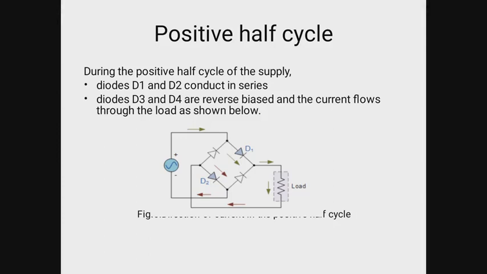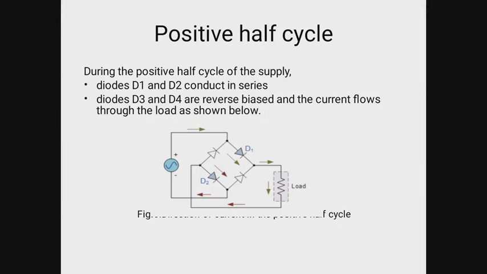So during the positive half cycle, when the positive peak of the input voltage passes through the circuit, what will happen? The current will pass through diode D1, then the load resistance, then it will pass through diode D2, take a path, and then come to the negative side of the polarity.